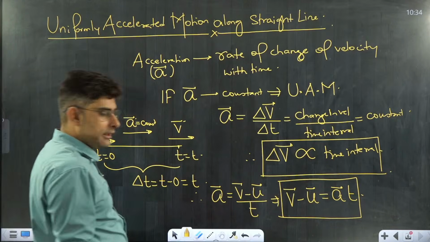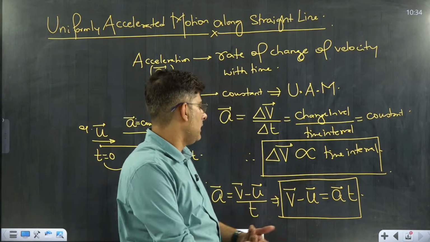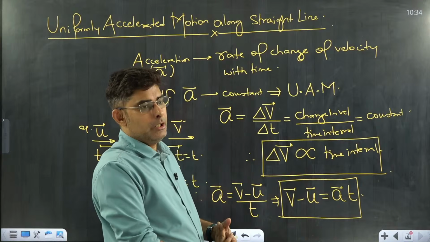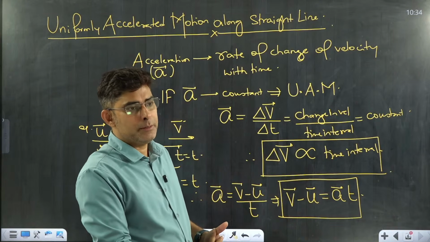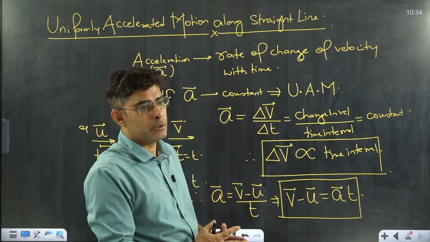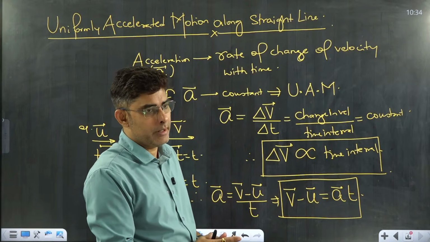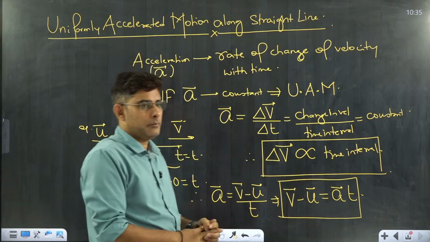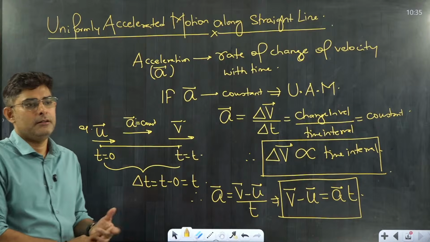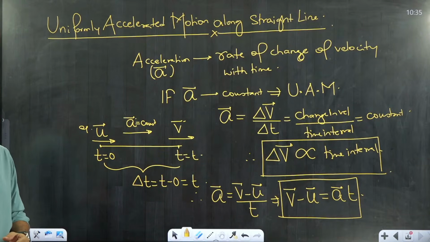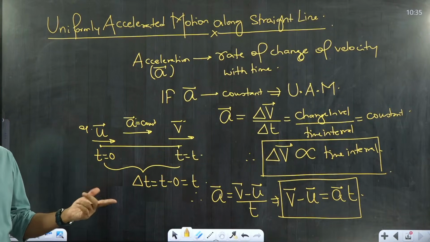So presently come back over here, v minus u is equal to at. If you cheat yourself, nobody can help you in attaining your future goals. Mind it. Nowadays, due to AI, I will get answers for anything very fast.